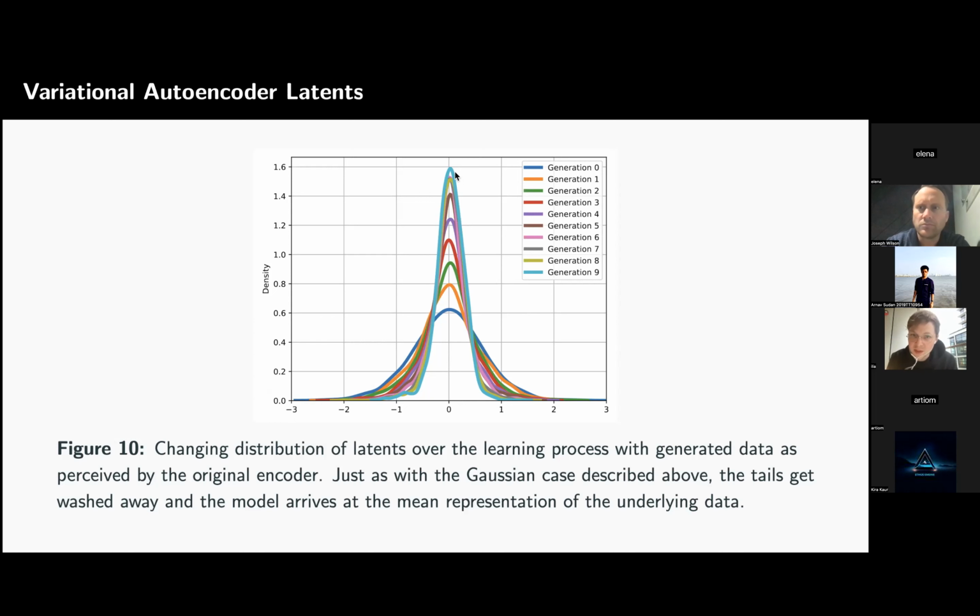What that means is that the variance in data produced by models trained on just synthetic data is decreasing over time. It's becoming more and more convinced that the things that were previously very probable become a lot more probable.